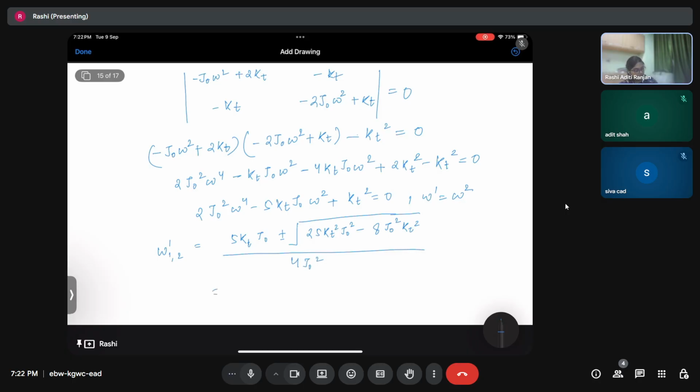This will give us 5 kt J naught plus minus under root of 25 minus 8, which is going to give us 17, I suppose, under root of 17 kt J naught divided by 4 J naught square. So this is going to be 5 plus minus under root of 17 into kt by 4 J naught.